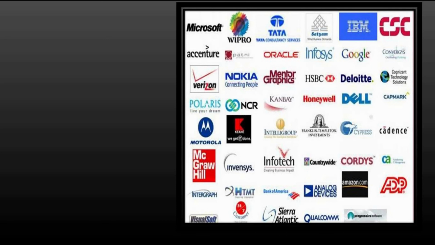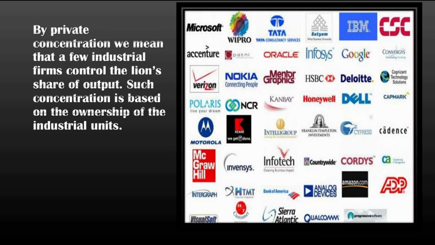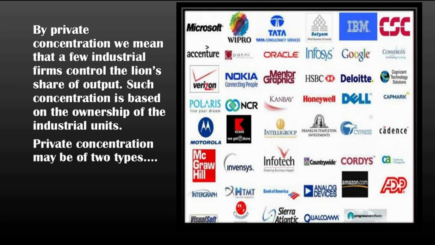By private concentration, we mean that a few industrial firms control the lion's share of output. Such concentration is based on the ownership of industrial units. Private concentration may be of two types: monopoly firms and monopoly houses.